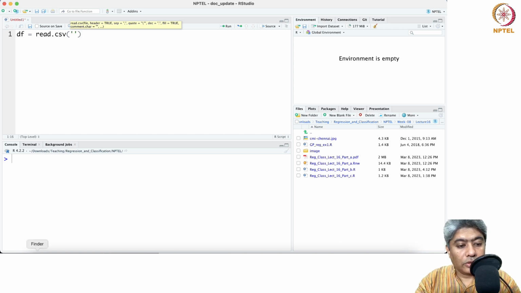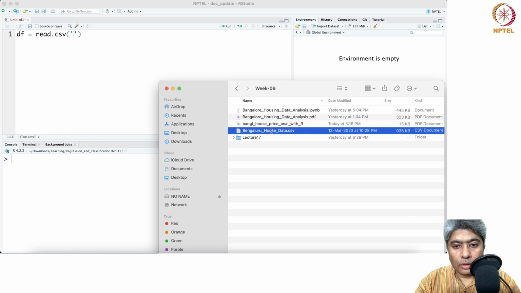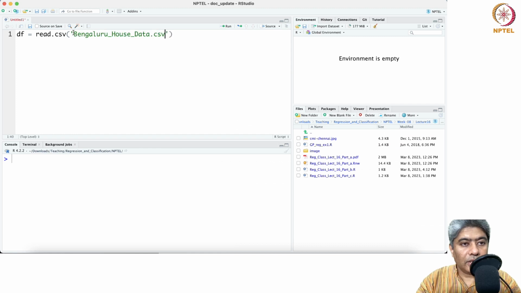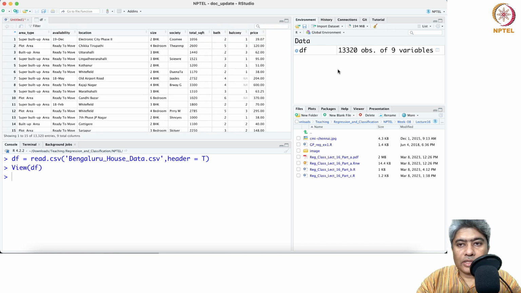Let me copy the name of the data set, and let me just call header equal to true. Now you can see the data has come here. It has 13,320 observations and 9 variables. So 9 columns, you can see all of them here.